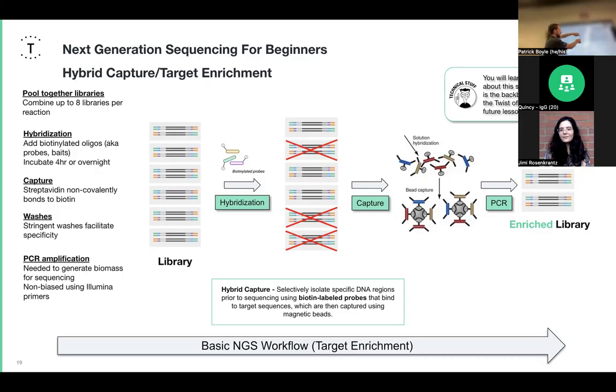They will physically bind to the DNA, isolate just the region you're looking for, remove everything else, and then you're down to what's called an enriched library. So that's the tenet of hybrid capture. It uses probes to isolate fragments of targets that customers are specifically looking to interrogate.